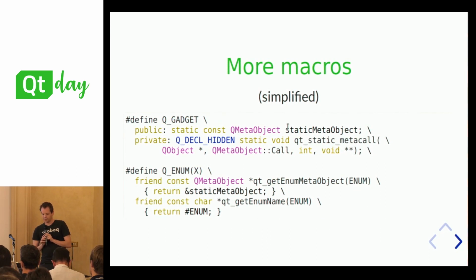In order to do that, we have some friend function here, so we can get from the type to the meta object. This is a bit complicated, but I've written a blog post about that. You can look it up on my website if you're interested. The way we know all the strings is because, again, it's part of the information that moc generates.